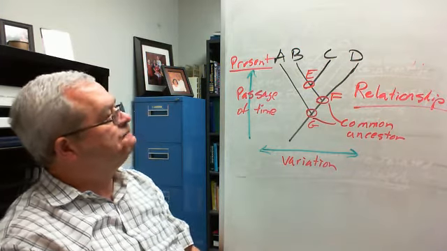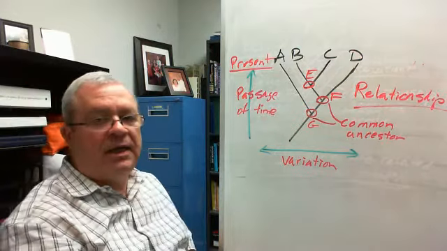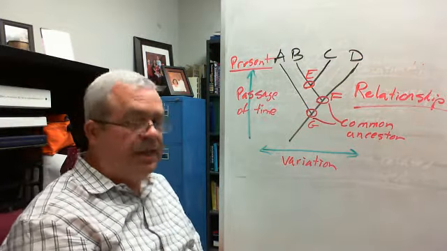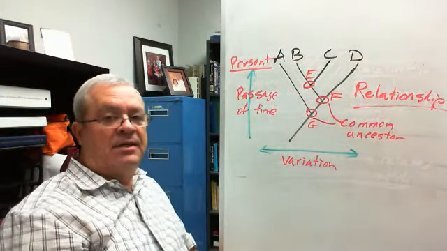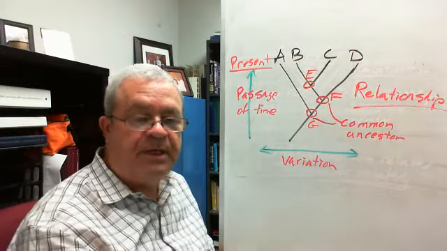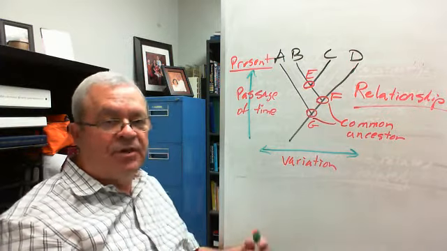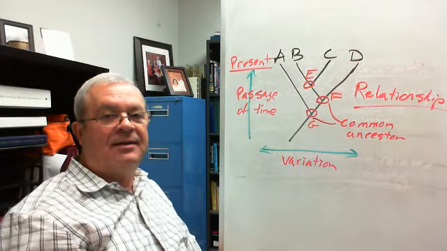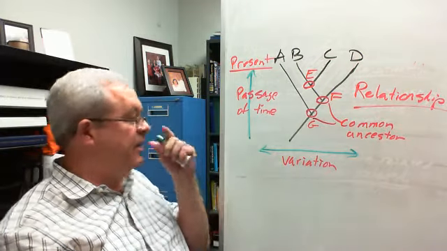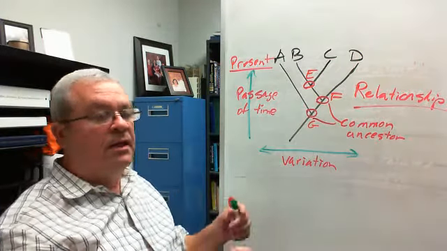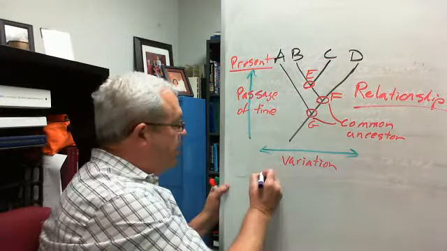So we have the idea of relationship. Let's flesh that out just a little bit. Let's state it a little bit more fully. According to the concept of evolution, which species are related? Just the ones on the earth today? I don't think so. All species that have ever been on the face of the earth are related by common ancestry.